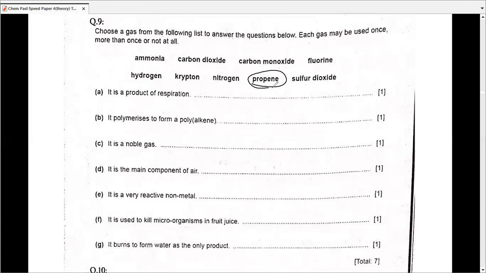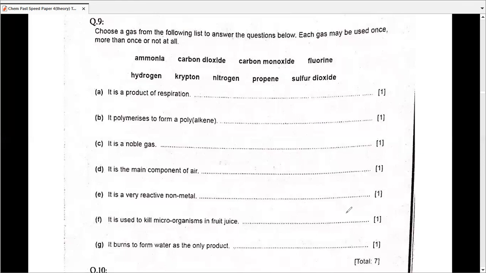Part E. Come on, this is easy. It would be hydrogen. Seriously?